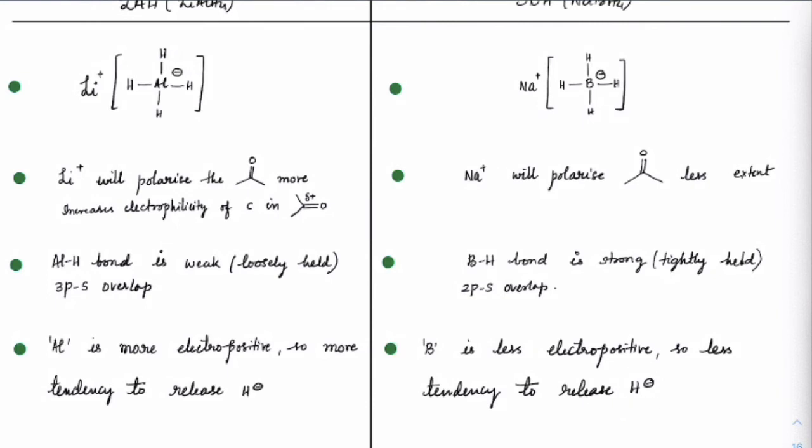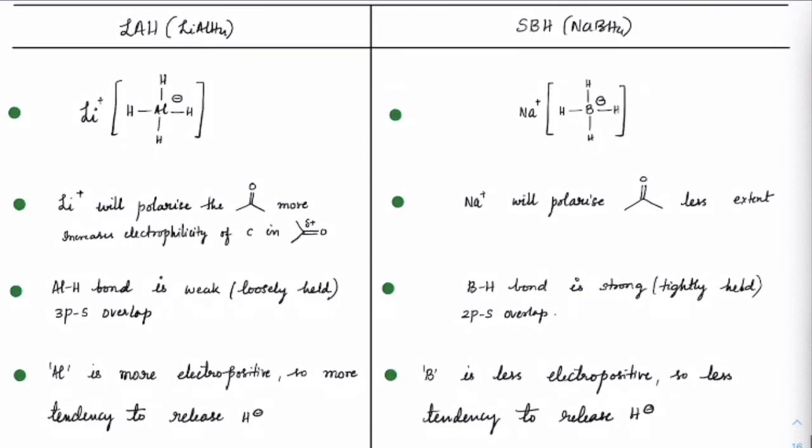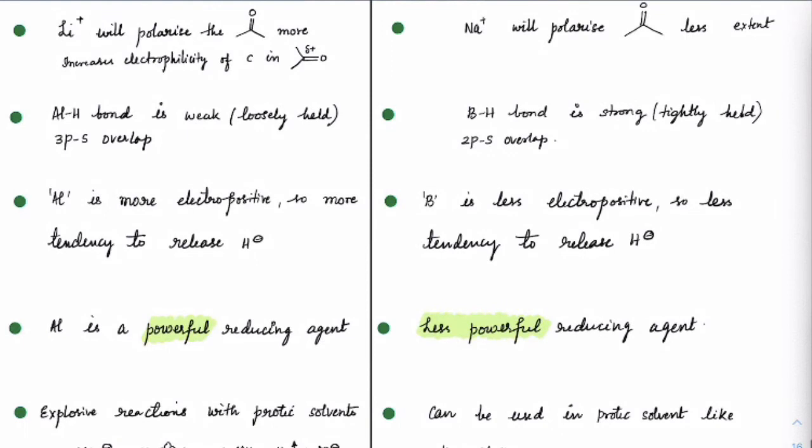So from here can I say that lithium aluminum hydride is a powerful reducing agent because it can give H minus very easily, while this is a less powerful reagent. This is also a good reducing agent but not as good as lithium aluminum hydride. I would suggest all of you to at least briefly write down the differences first and understand the important points between these two.